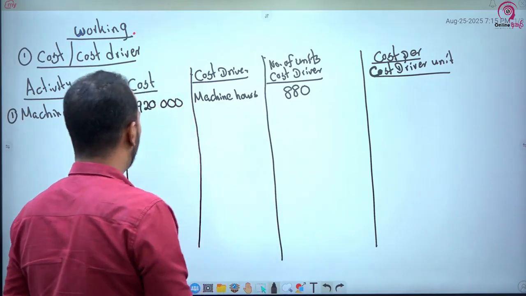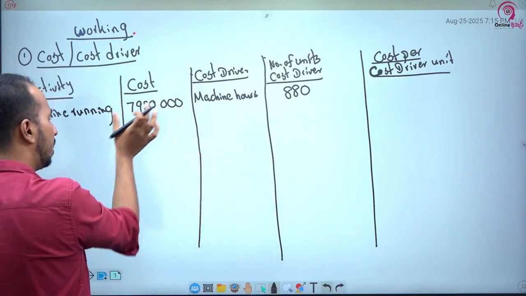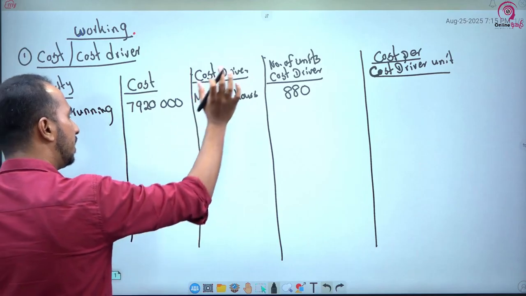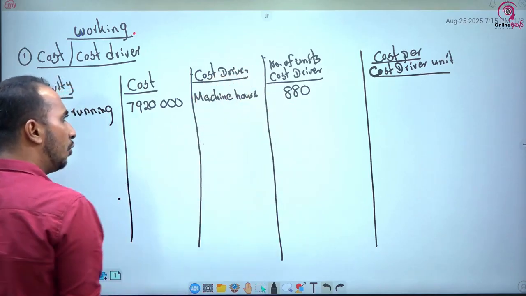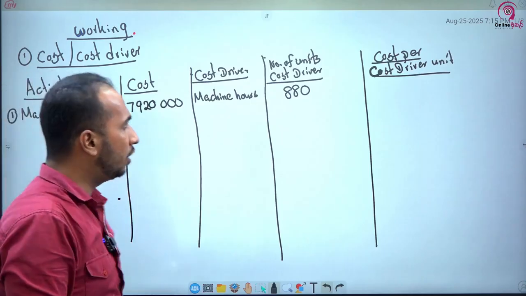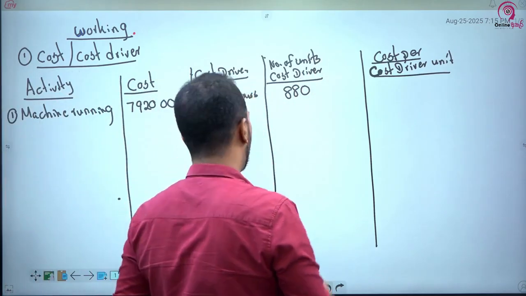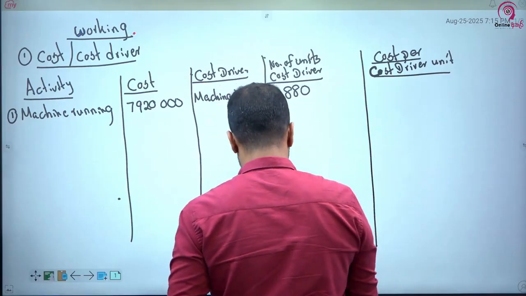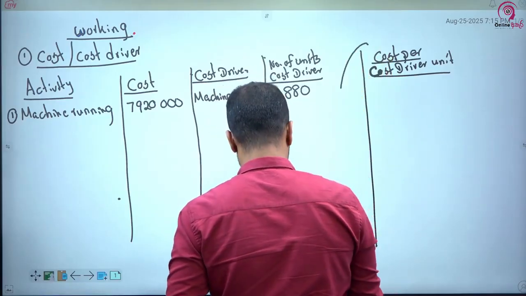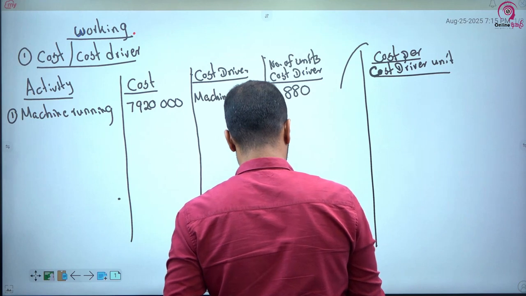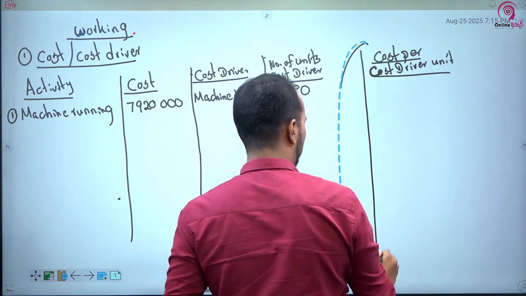Now see carefully. For machine running, the total cost is 7,920,000, and the number of units, or machine hours, is 880. Now here we are going to calculate the cost per cost driver.